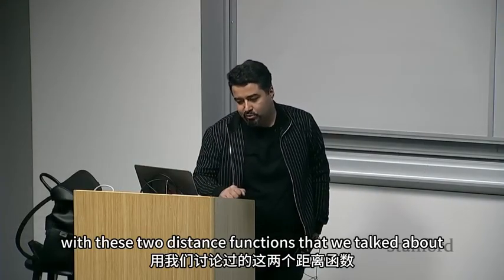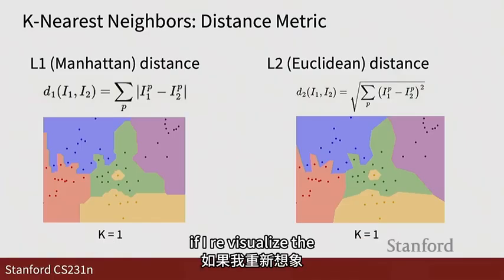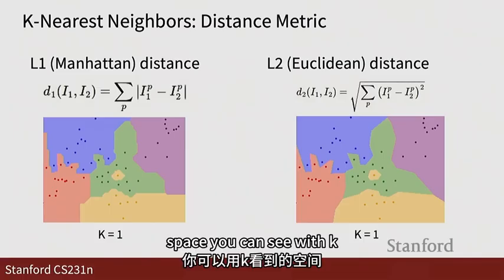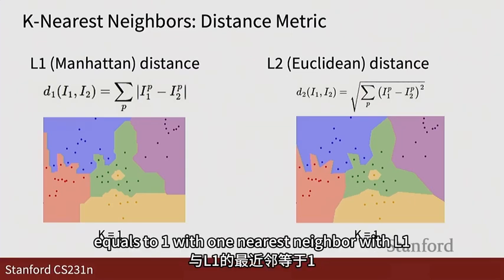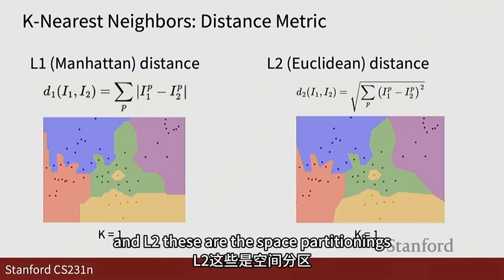So with these two distance functions that we talked about, if I revisualize the space, you can see with k equals 1, with one nearest neighbor, with L1 and L2, these are the space partitionings.